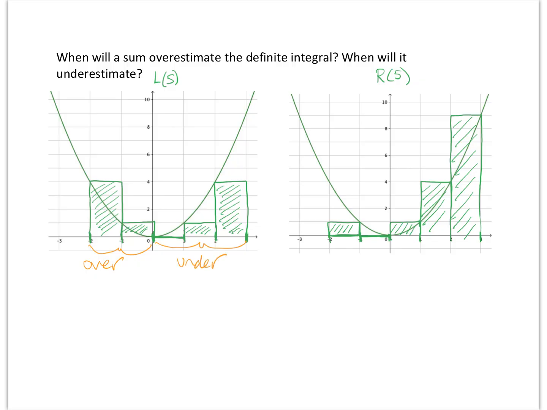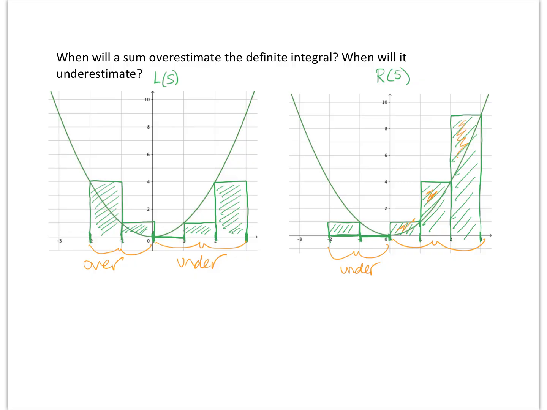And then when I look at right 5, it's the opposite. So these first two rectangles are an underestimate because there's area under the curve not being counted by the rectangles. And then the second part of the graph, my rectangles are counting more area. They're counting area above the curve.